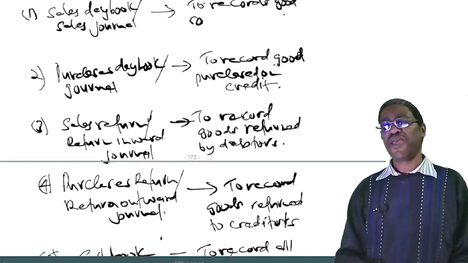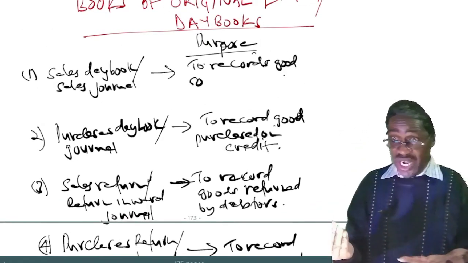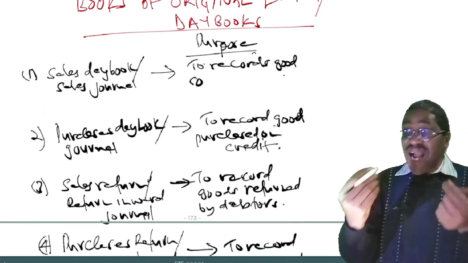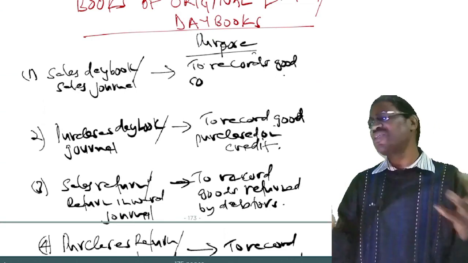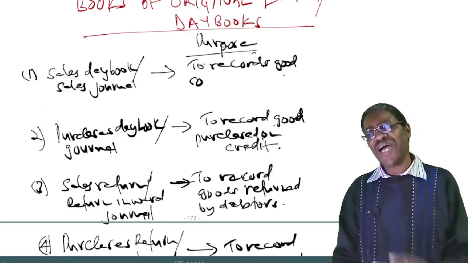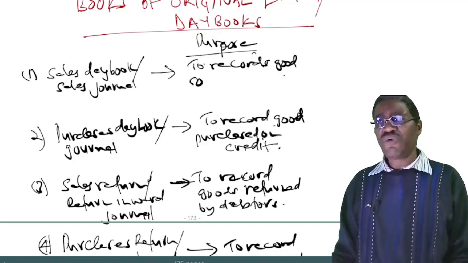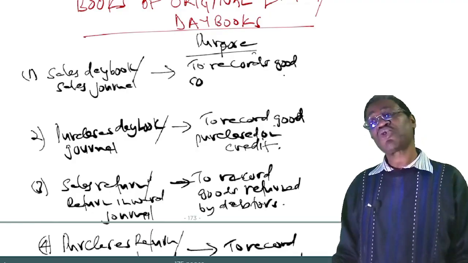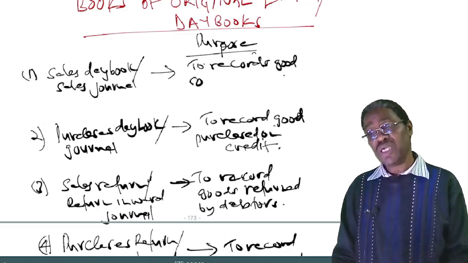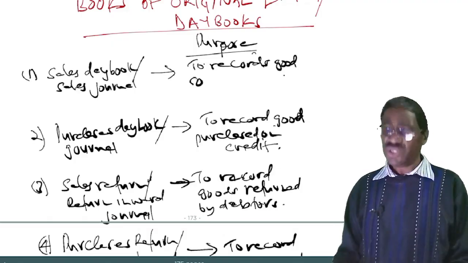Okay, fine. So I'm saying another use of the general journal: when you commit an error in your books, before you go to the account and correct the error, that error should first be corrected in a journal. That's another use of the general journal.